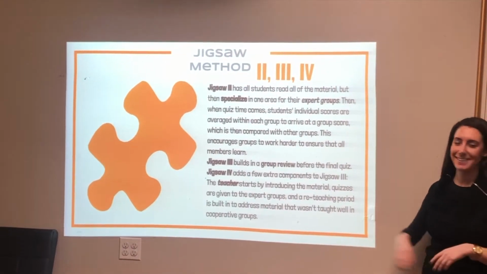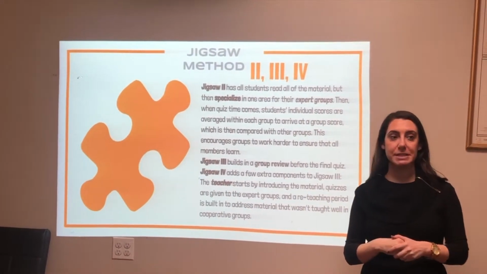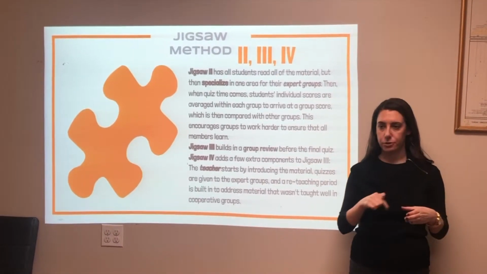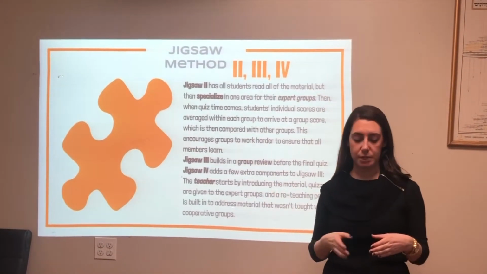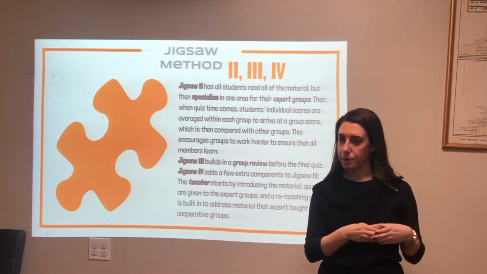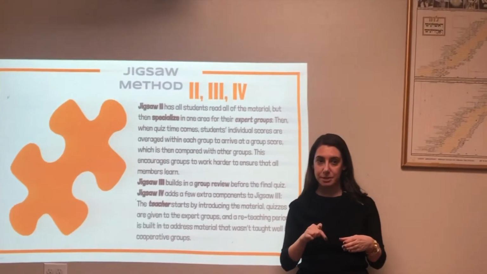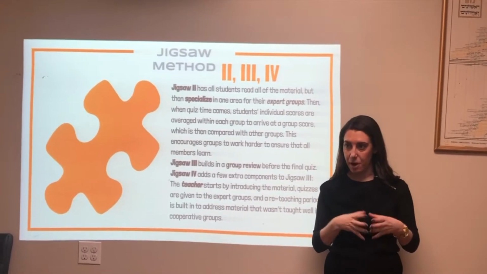Now, Jigsaw 2 is basically Jigsaw within Jigsaw at the conception. Inside your expert groups, let's say you're doing chapter 1, 2, 3, 4, etc. Inside chapter 1 expert group, inside Jigsaw 2, each one of those people is now an expert of part of that topic.